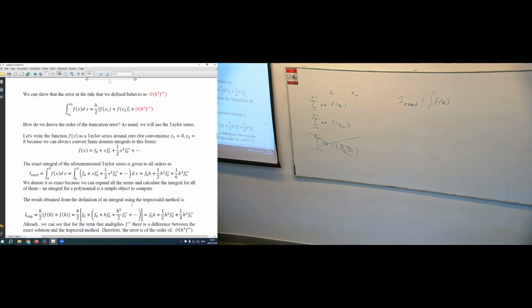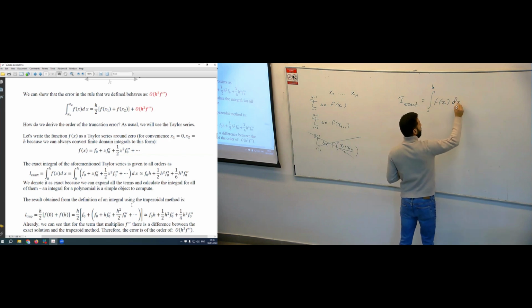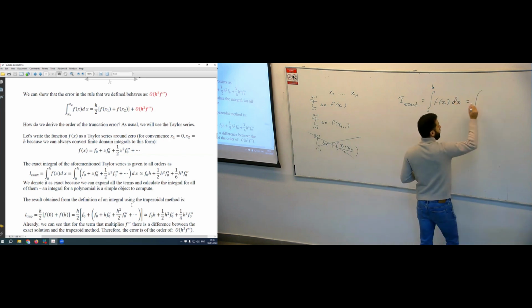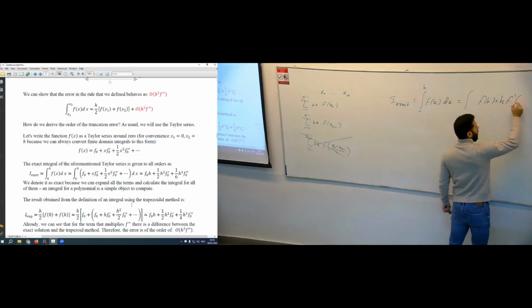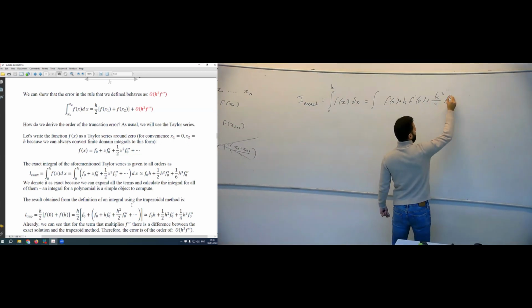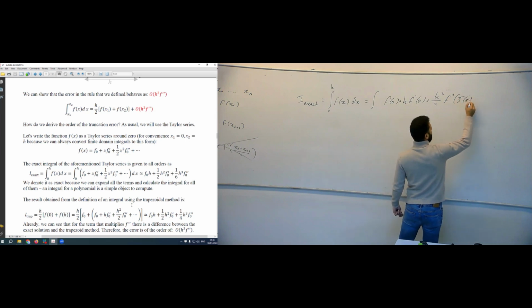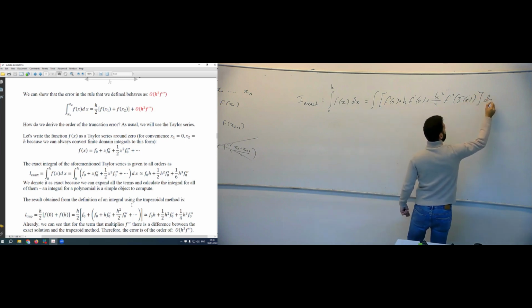We can think about it from 0 to h, because we can always move the x-axis. So we think about functions f of x from 0 to h. And this will be the integral of f at 0 plus h f prime at 0 plus h squared f prime at psi of x dx.